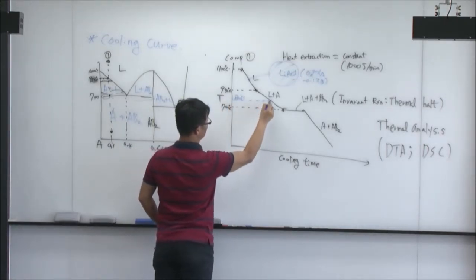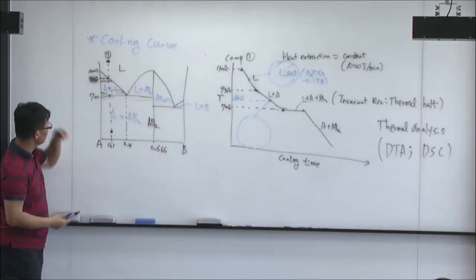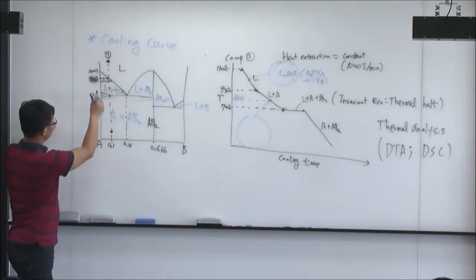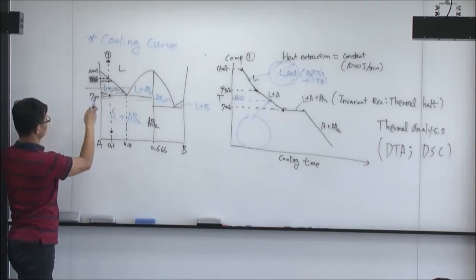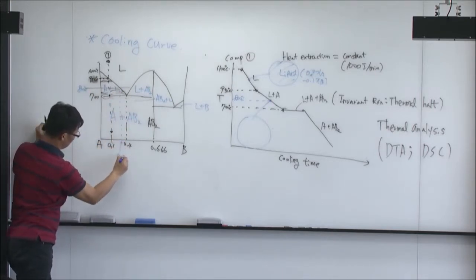Now let's take 800 degrees Celsius. What is my microstructure at 800 degrees Celsius? Let's take this one as 0.3.